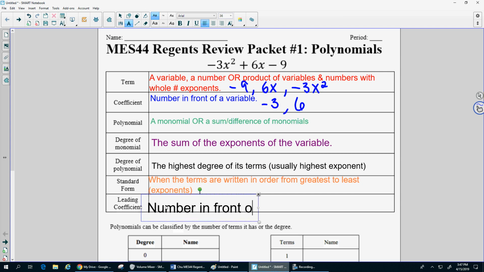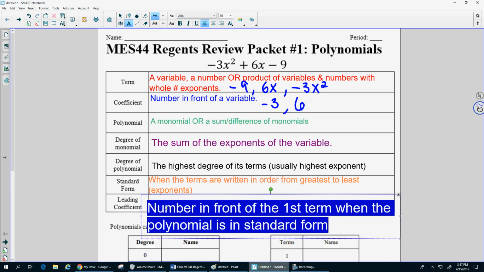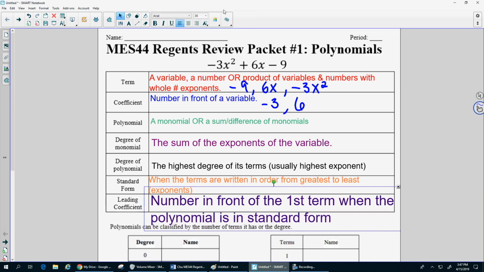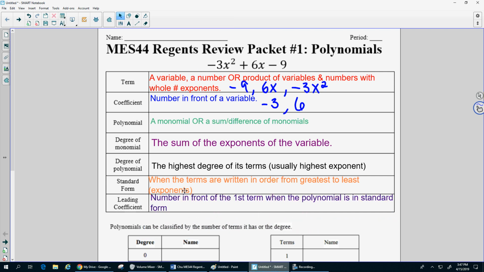It's the number in front of the first term when the polynomial is in standard form. So in this case, our leading coefficient will be negative 3 because that is my first coefficient and my polynomial is in standard form.